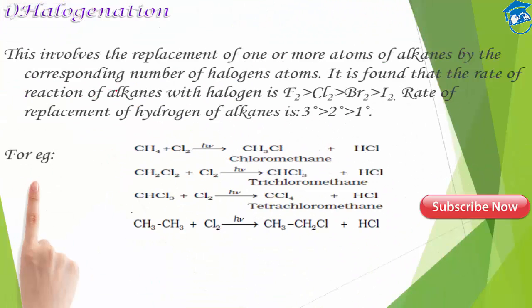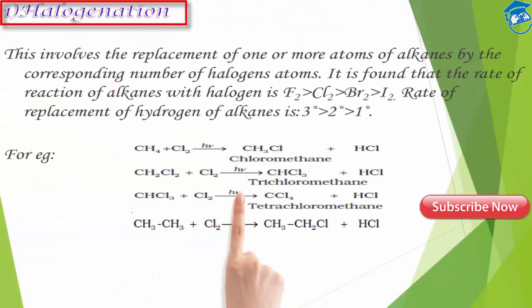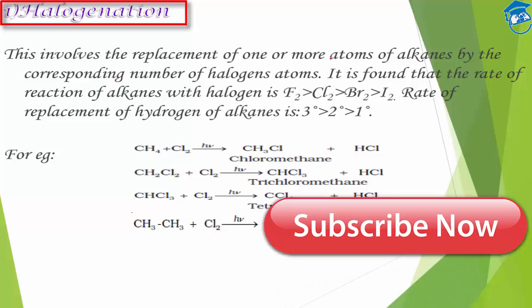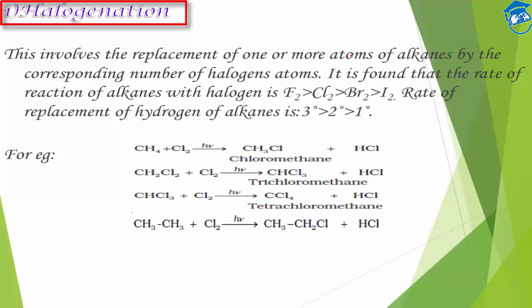So first of all, let's see the halogenation. We'll replace one or more hydrogen atoms in the alkane with a halogen atom, or sometimes the carbon-carbon bond may also break. It has been observed that the rate of halogenation will decrease down the group.